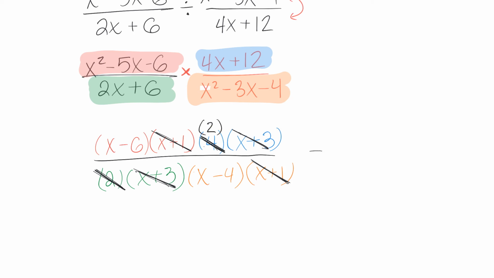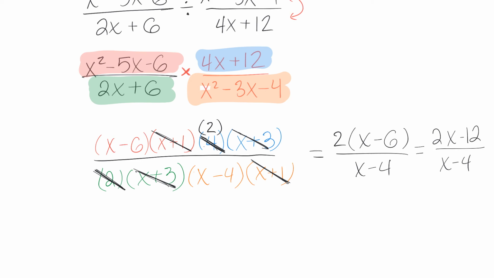So what's left in the top? X minus 6 times 2, so 2x minus 12. And in the denominator, all that's left is x minus 4. Again, you can distribute that 2 if you'd like, or not. Your call. And you're done.